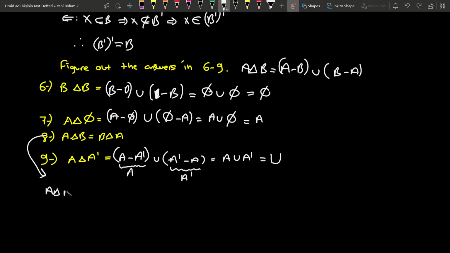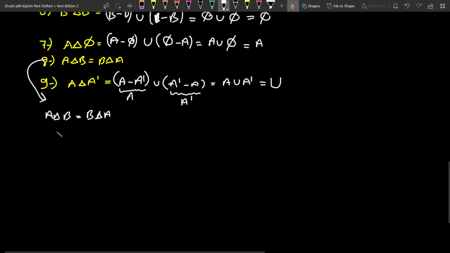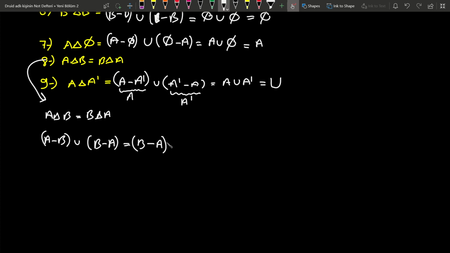Okay, now let's move on to the 8th and the last question. A symmetrical difference B equals B symmetrical difference A. We need to show that this one is true. A minus B union B minus A. And for this, we get B minus A, not beta, B minus A. I keep calling it beta today.